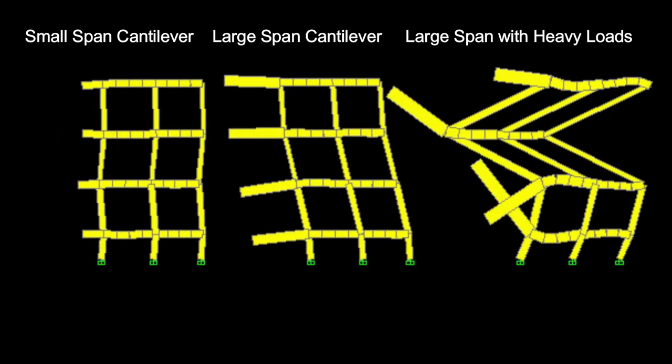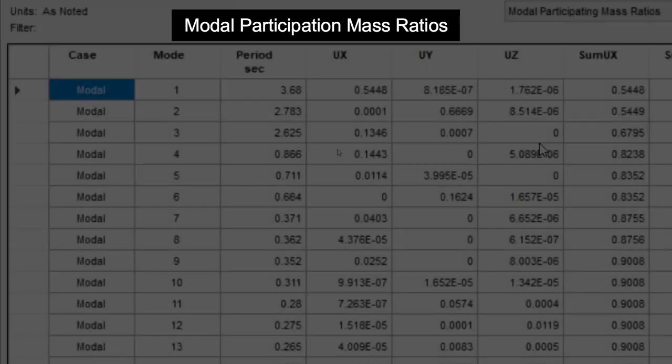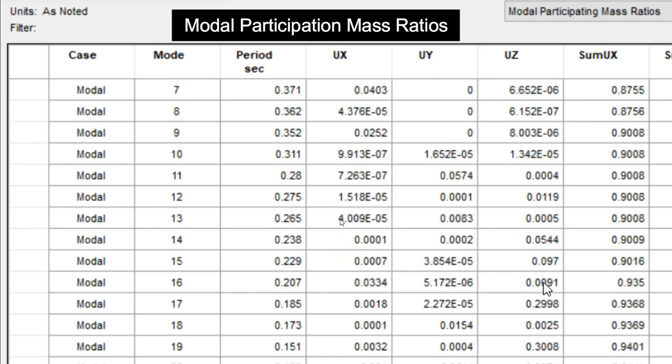Again, coming back to our modal participation mass ratio table, we'll look at some fundamentals here. We have seen already that when we include the vertical acceleration, here you can see that in mode number 17 and mode number 19 there is around 30% participation. Let us look at those modes.